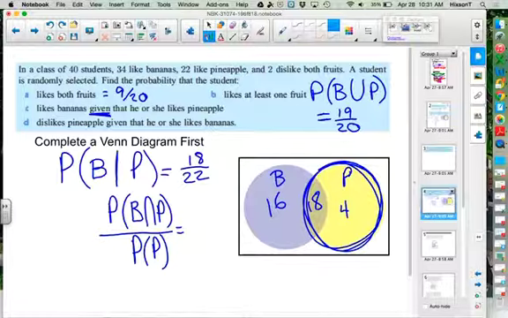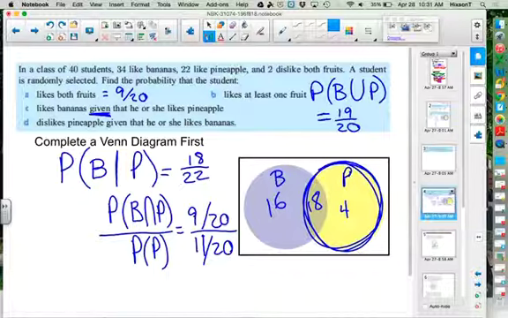So what is the probability of both? 9 divided by 20. We figured that out in part A. What's the probability of the given? What's the probability we like pineapple? 22 over 40, which is 11 out of 20.